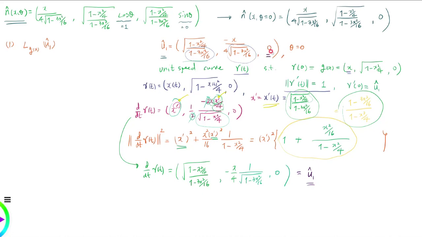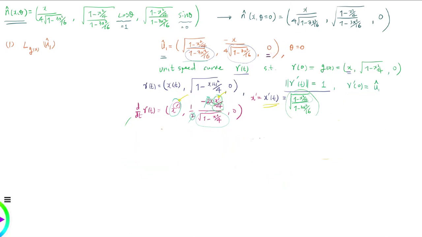So, okay. And then let's say that this unit normal vector lies on this unit speed curve gamma of t, and theta should be 0 for the case of z equals 0 here.